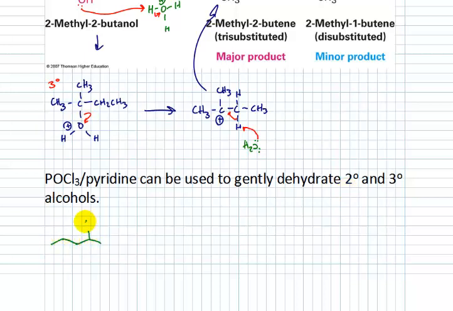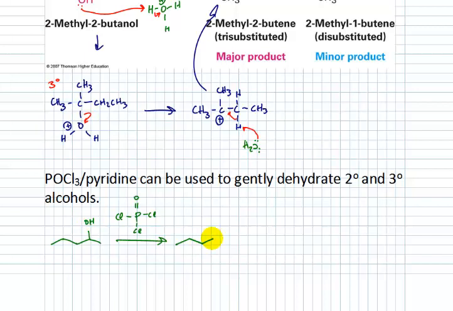Here's just a plain old secondary alcohol, 2-pentanol, and POCl3. So P double bond O, Cl, Cl, Cl. We're going to do something very similar to what happened with the tosylate. We're going to remove HCl. Right? We'll condense it.